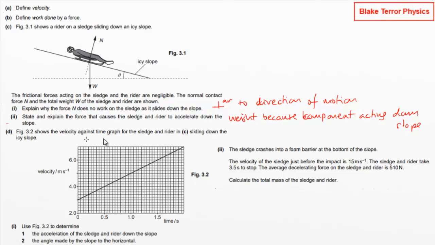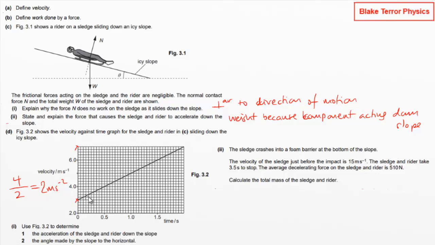Then we've got a velocity time graph for this sledge and rider. Use this to determine the acceleration. So the acceleration is the gradient. What gradient have we got from here? We're going from 3 to 7. So we've got a change of 4 in the y direction, and that's over 2 seconds. So we've got 2 meters per second squared.